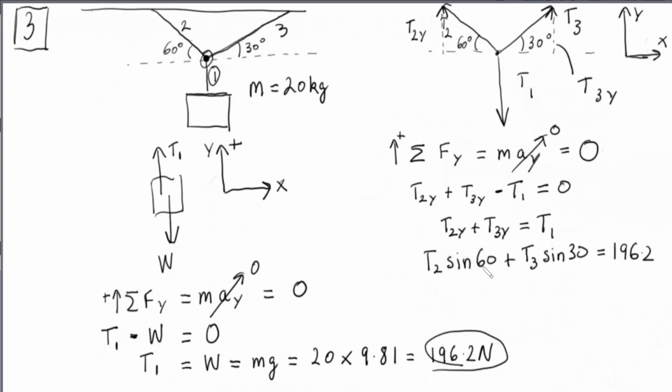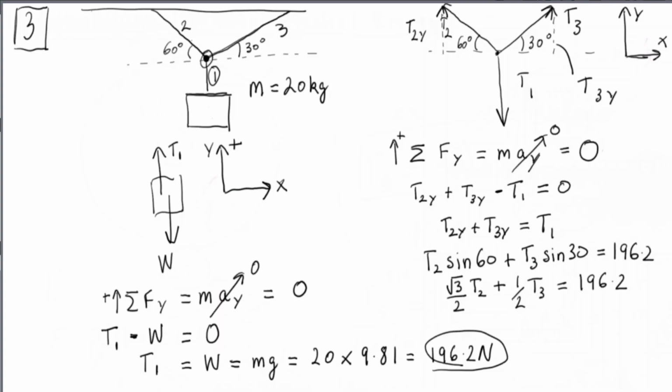We know the value of sine 60 is root 3 on 2 from trigonometry, so I'll put that in, root 3 on 2 T2 plus sine 30, which is a half, so it's just going to be half of T3 is equal to 196.2. Now we'll notice that we've got two unknowns here. So we need another equation to define the relationship between T2 and T3.